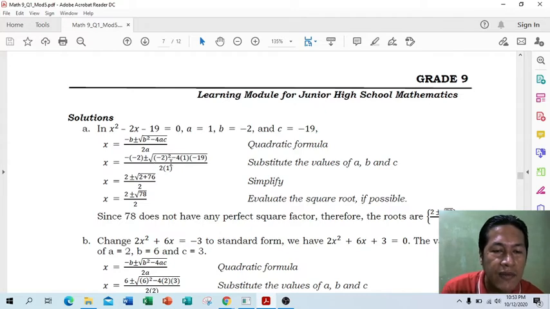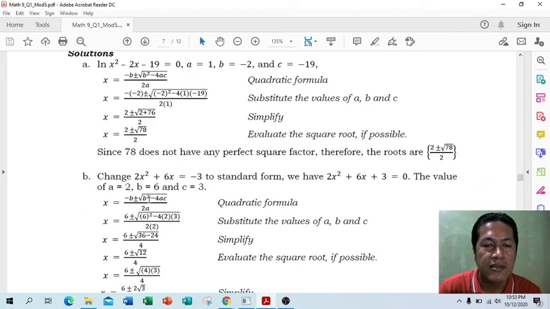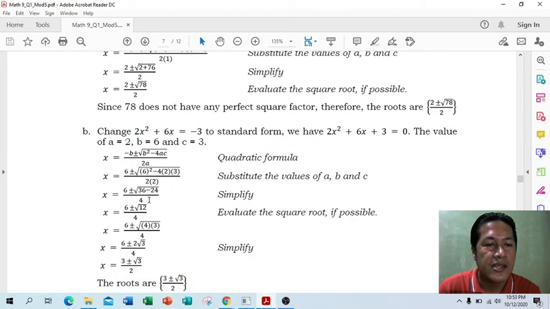And then negative 4 times 1 times negative 19 is positive 76, plus 4, so 80. So 2 plus or minus the square root of 80 over 2. Okay, no problem with that. So, letter B.